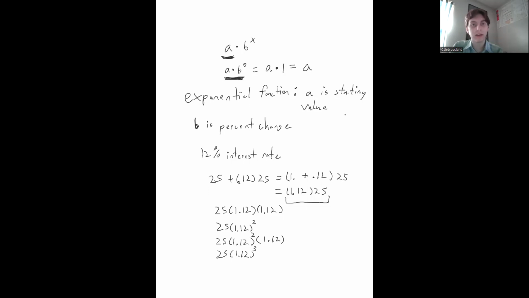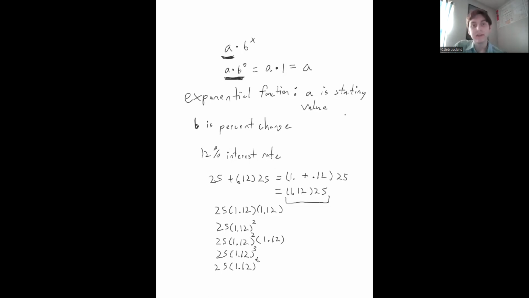The amount of money in our account at a given time is given by the function 25 times 1.12 raised to the t power, where t is years after the initial investment, with 25 being the initial investment. And again, this was given by a 12% interest rate.